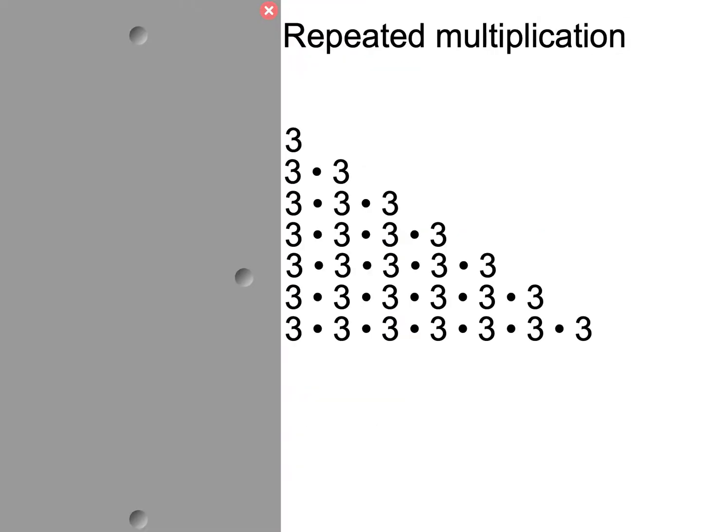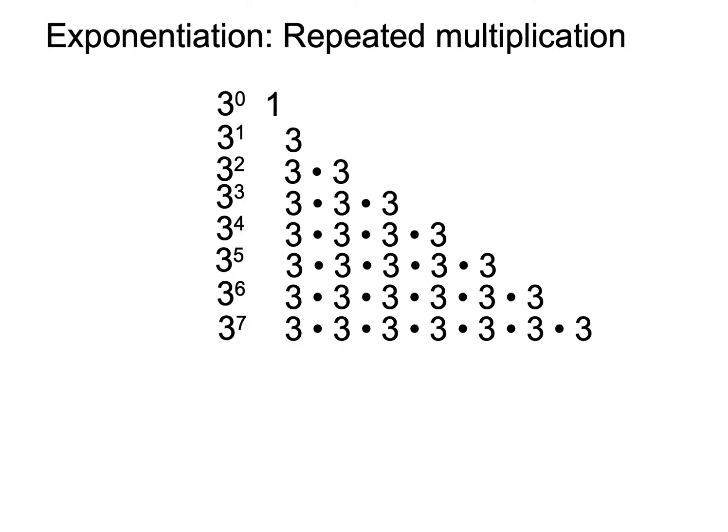Okay, next we get into these repeated factors, and that's called exponentiation, or most people just call it exponents. Anyway, on this they use a little superscript number to tell you how many times this number is being multiplied.